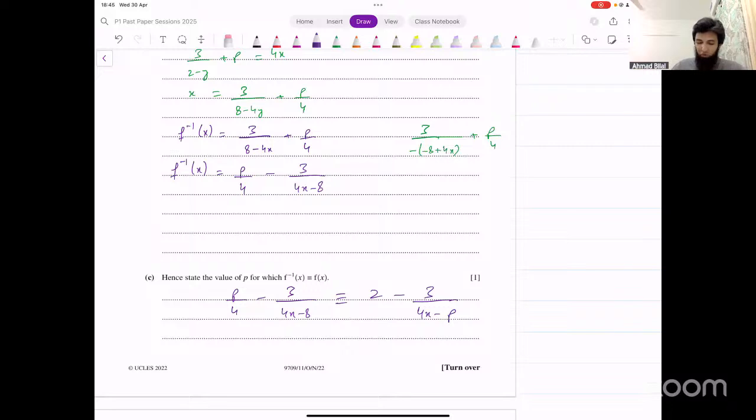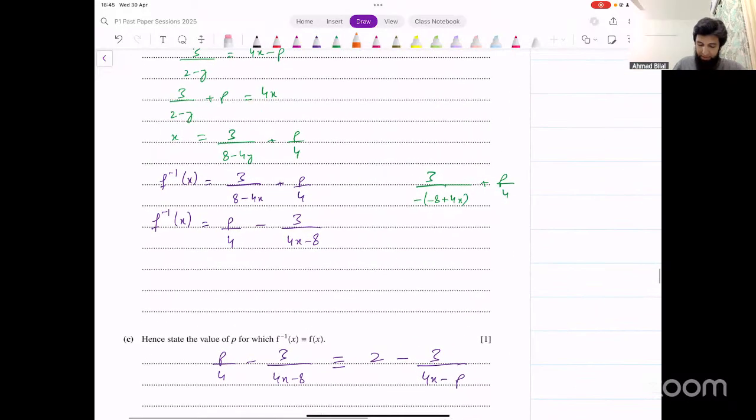Now, if both of these are identical, that means every term is supposed to be identical. These two have to be identical, and this fraction should be identical to that fraction. Now we can compare the two.